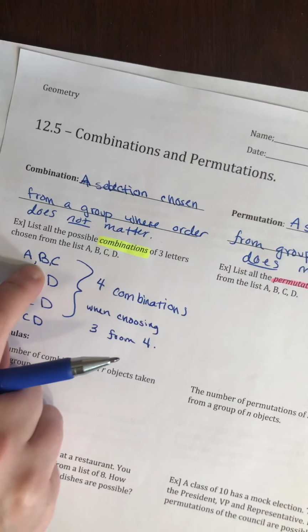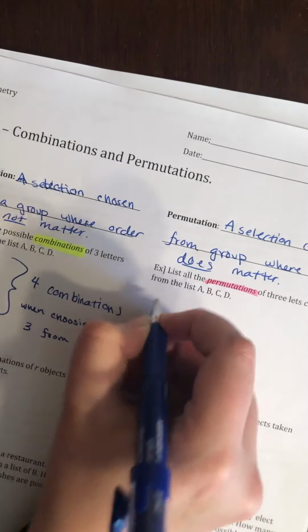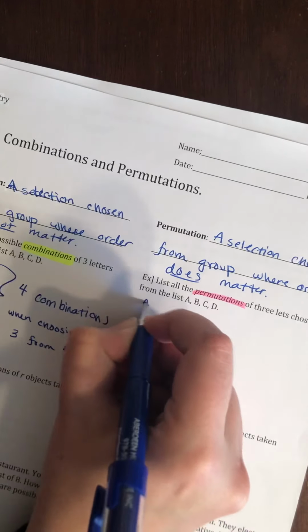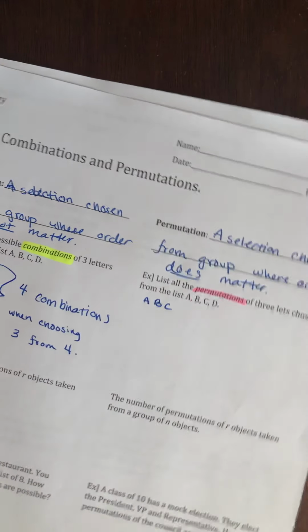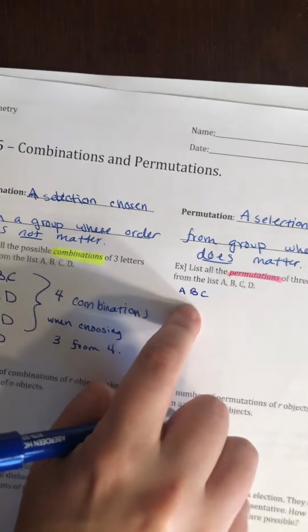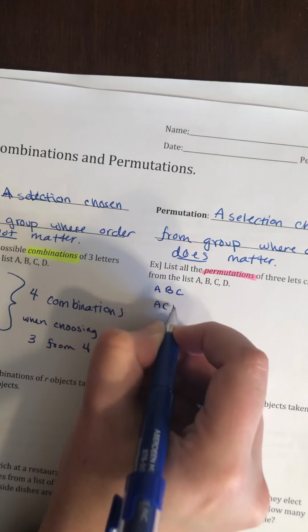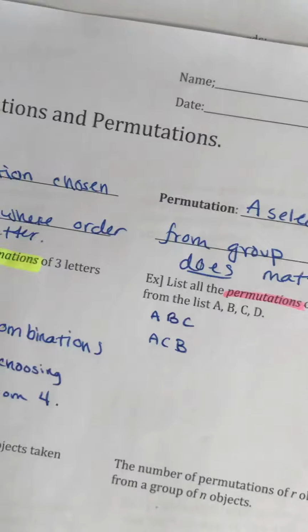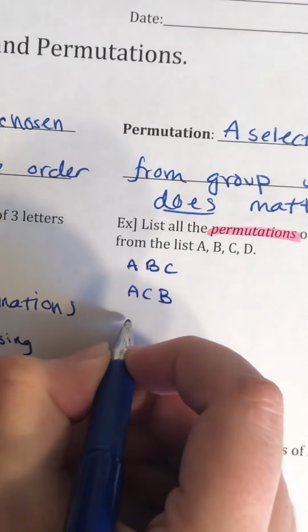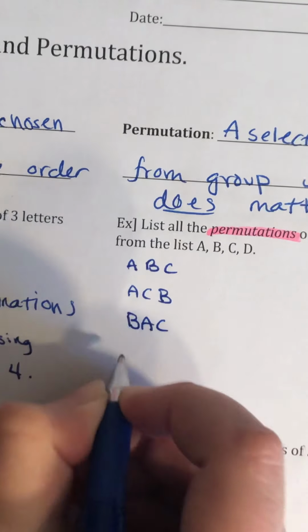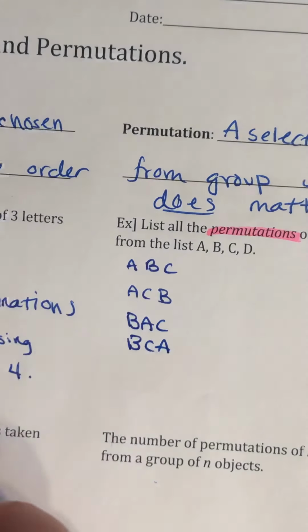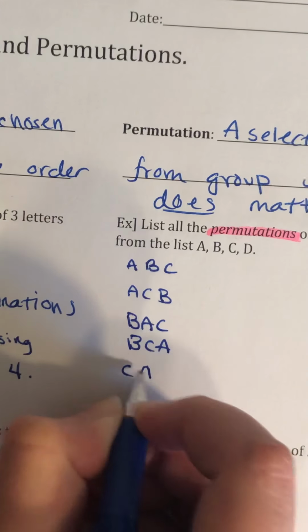So let's start with A, B, C. What are all the ways that we can do a different order of that? Well, A is first, there's another way A is first, B is first, or C is first.